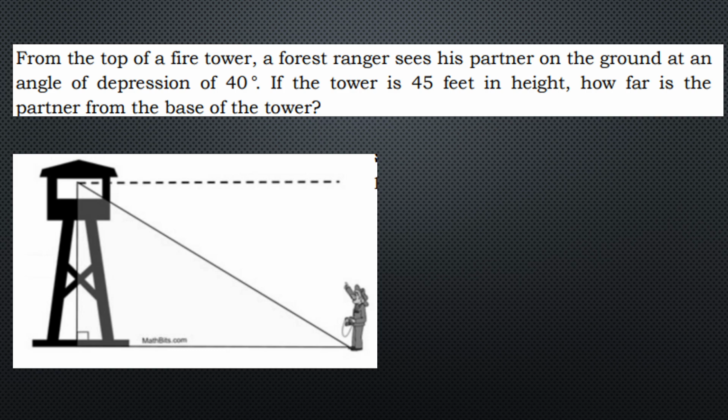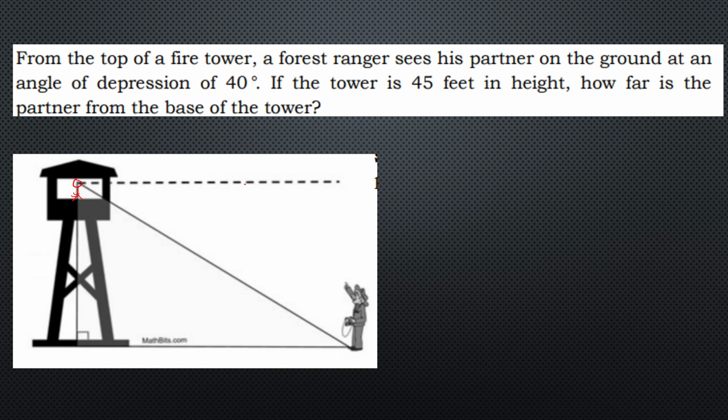Take note that a forest ranger sees his partner on the ground. The ranger is not the one on the ground. It's not this one. Instead, the ranger is located here. Okay?